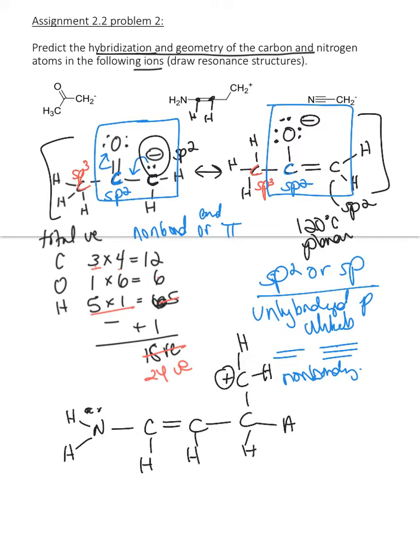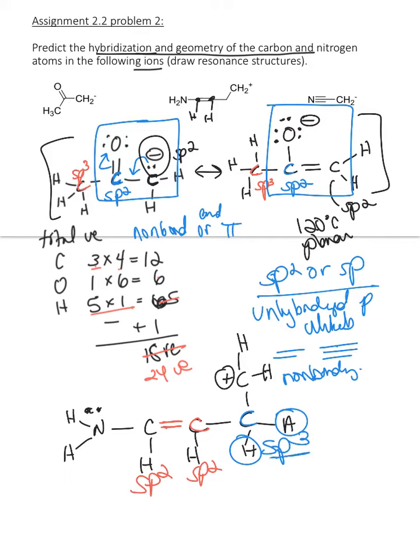Now, for the hybridization, we have a pi bond here, okay? And so 1, 2, 3, that's going to be an sp2. This carbon is also an sp2. This carbon, 1, 2, 3, 4, this is an sp3.